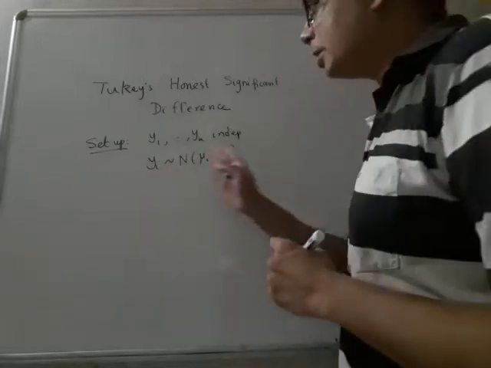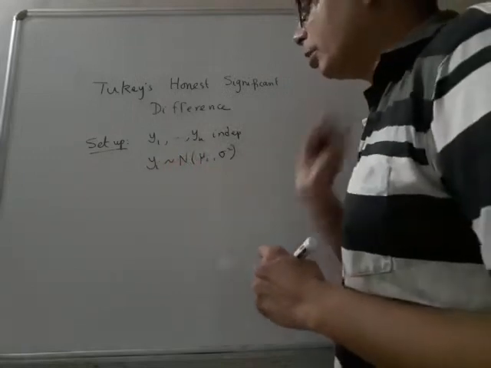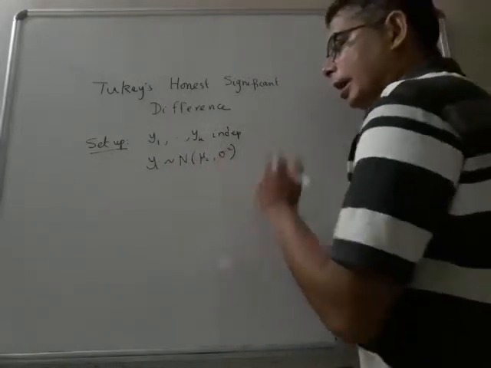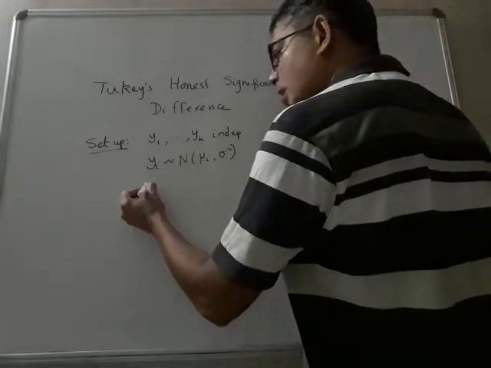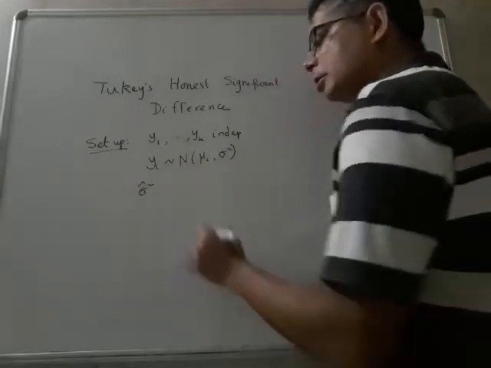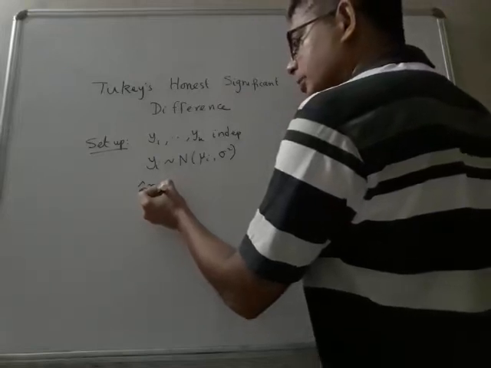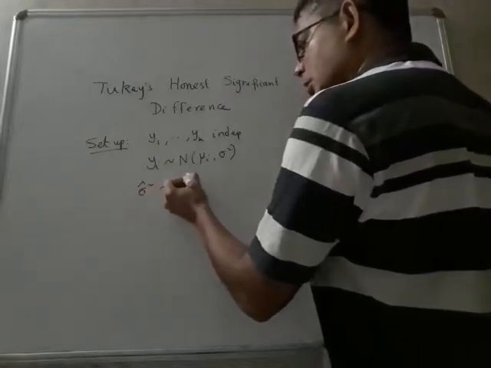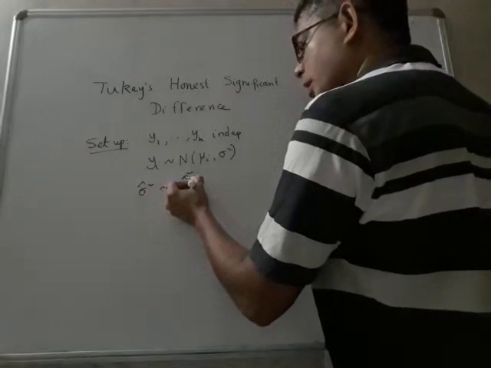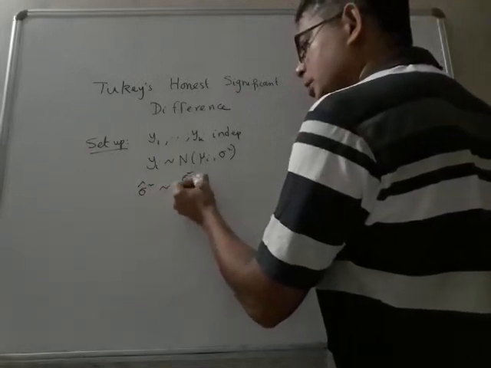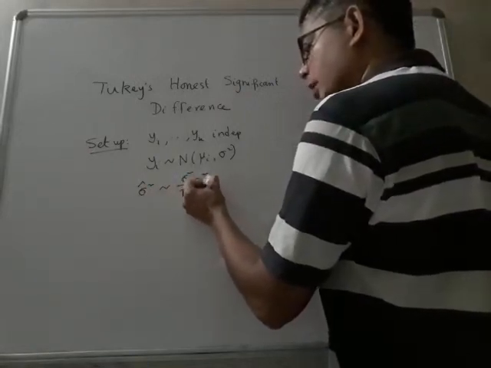We have some random variables y1 to yk independent following these distributions, and we have some sigma squared hat which has the following property, which is of the form sigma squared divided by p times chi-square p.